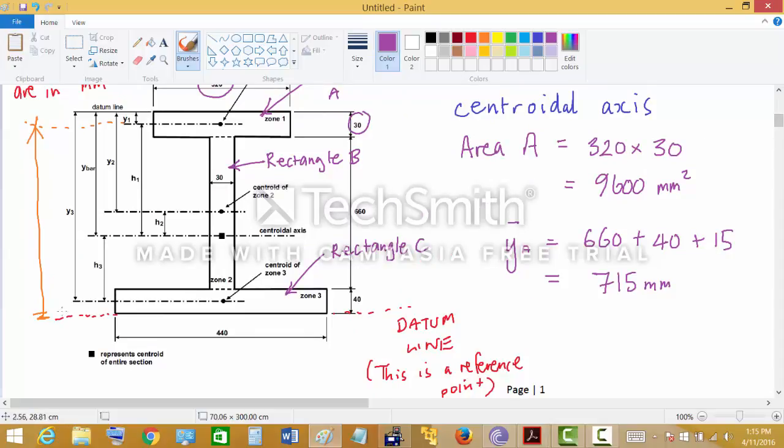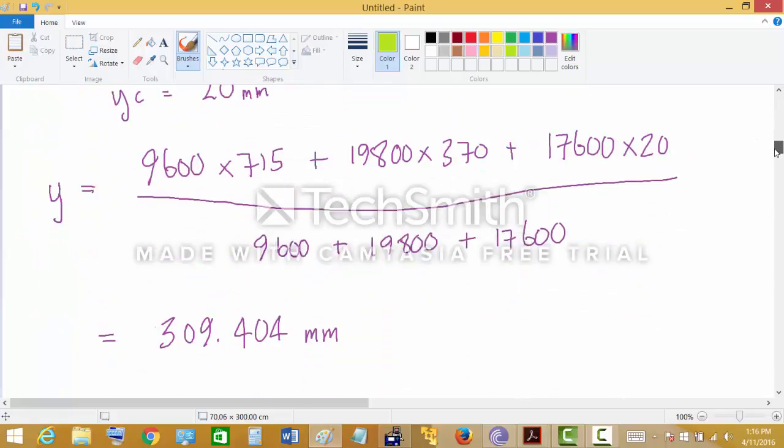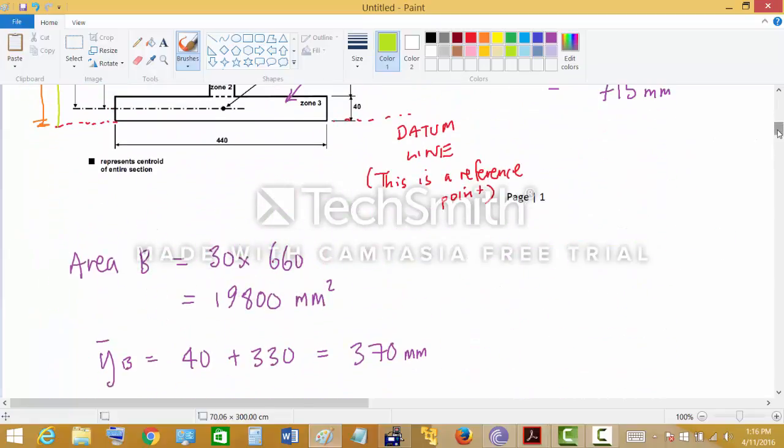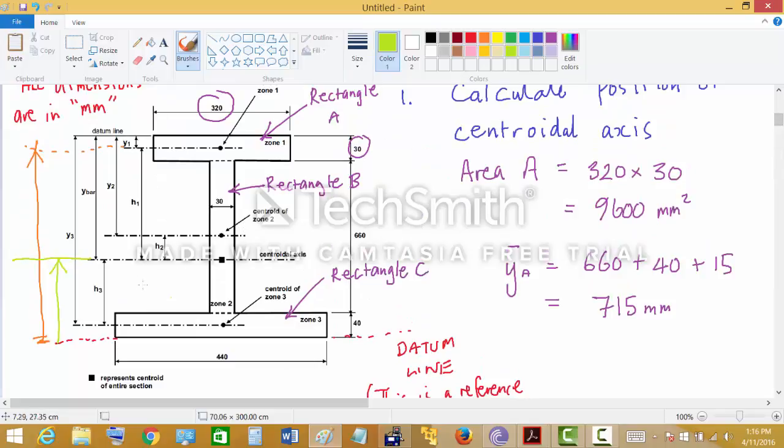It is from the datum line, the centroidal axis, draw in nice colour. There it is, central. That's the point. From there to there, from the datum line, is 309.404 millimeters.